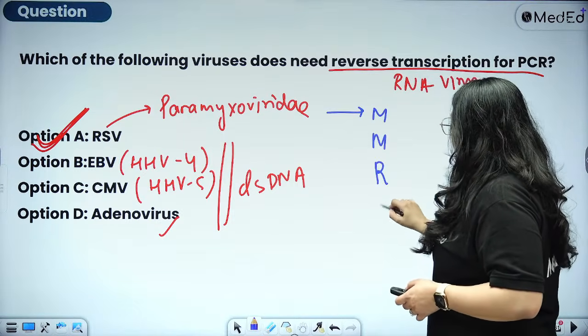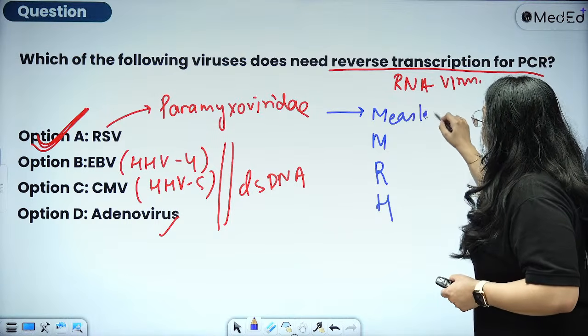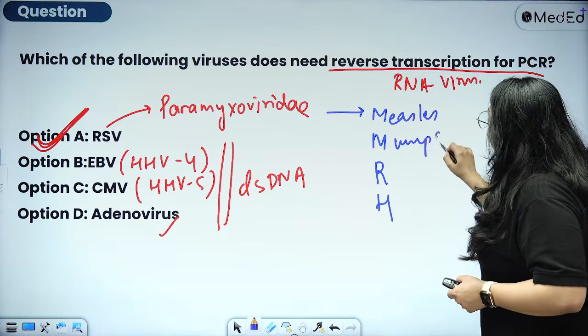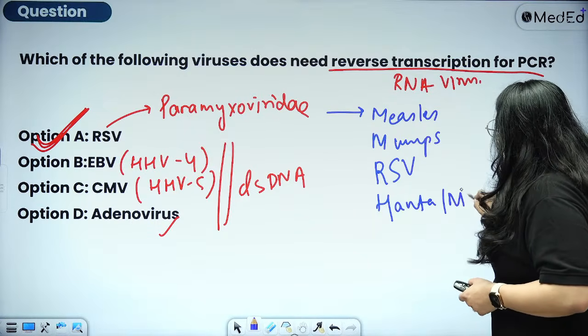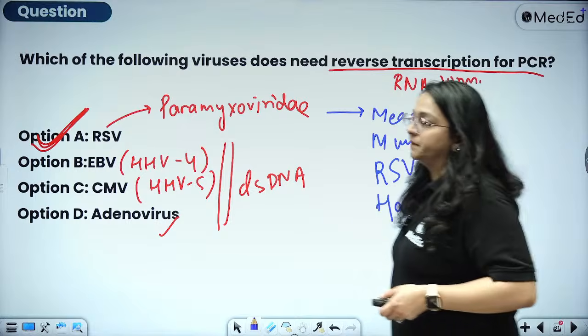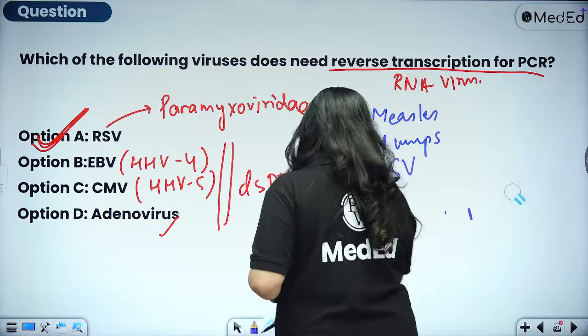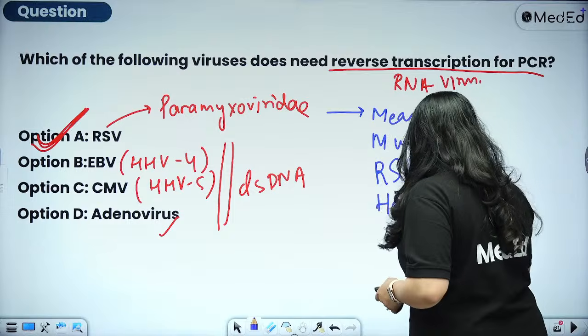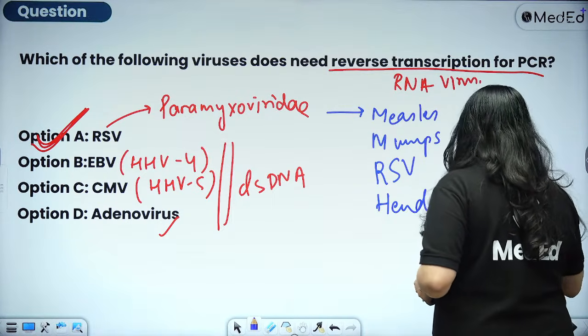MMRH. Measles, mumps, RSV, and Hendra, Nipah, all of those, the bat transmitted ones.